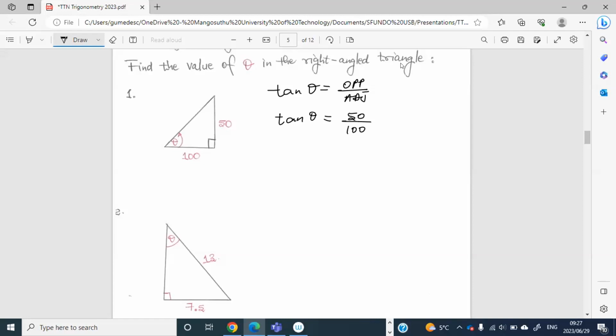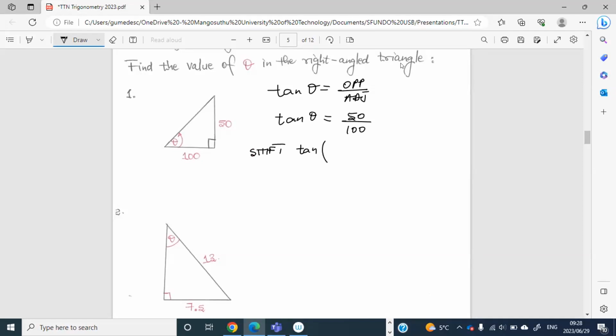So all we have to do now is to try and find theta. So how do we find theta? We'll use our calculators. So I'm using a Casio calculator here. I hope that most people are using it. So if I want to find the angle theta, I'll press shift in a calculator. Shift, then I'll press tan because I've got tan here. Tan button, and then it will open the bracket.